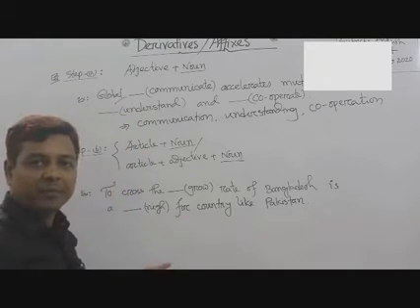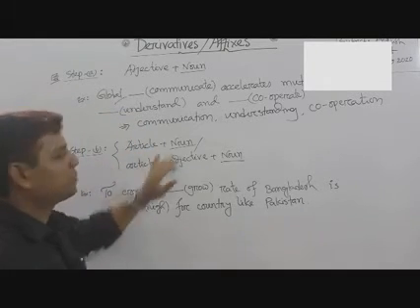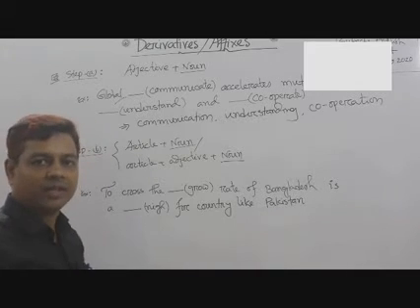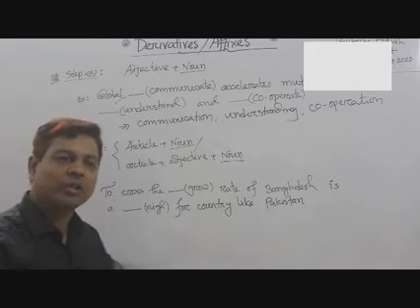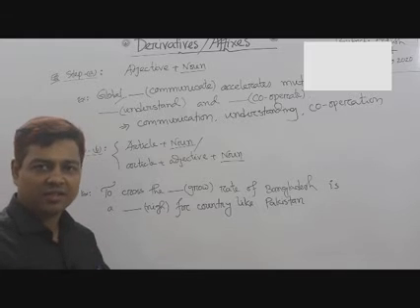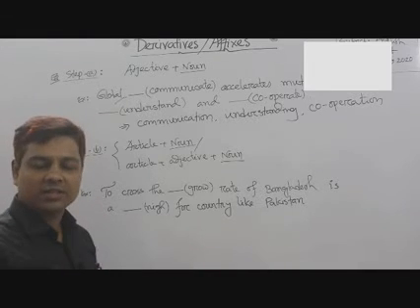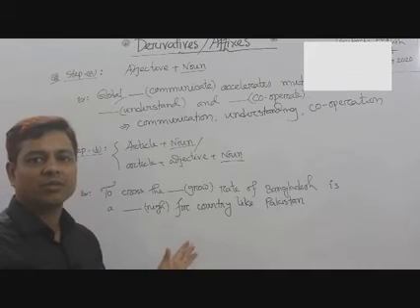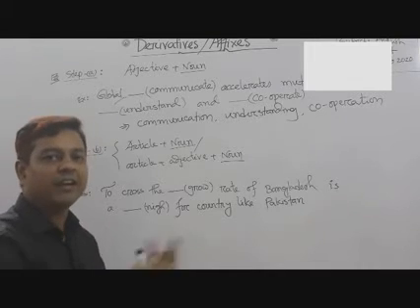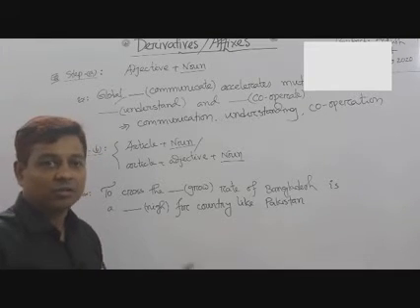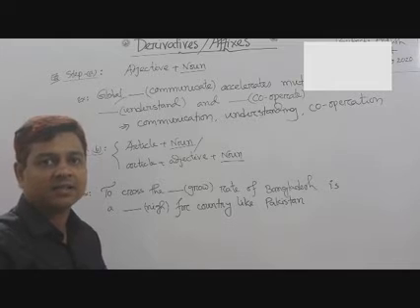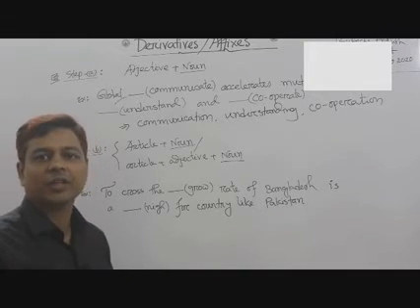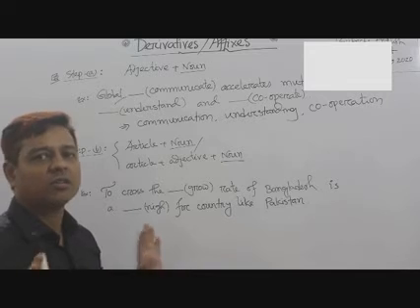In the second step, here you see article plus noun or article adjective plus noun. That means articles are used only to determine whether the noun is distinct or not. If the noun is distinct, we use definite article. If the noun is not distinct, we use indefinite article. So what's the use of articles? Yes, articles are always used just to determine whether the noun is distinct or not.